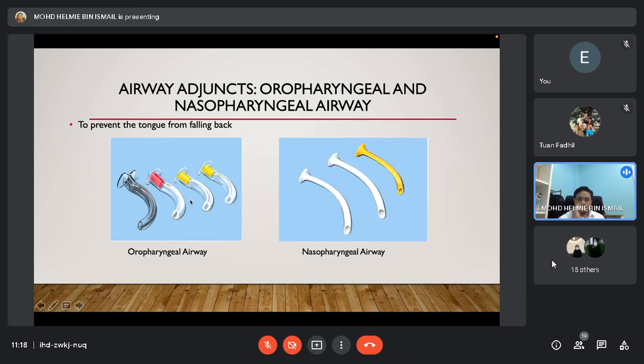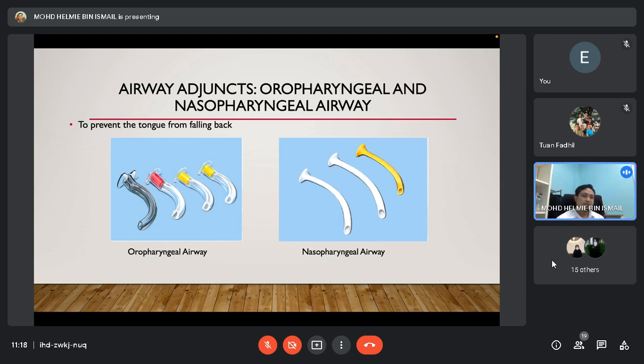So the contraindication for the oropharyngeal airway is if the patient is semi-conscious or the gag reflex is still present. If gag reflex is present, you cannot use the oropharyngeal airway.